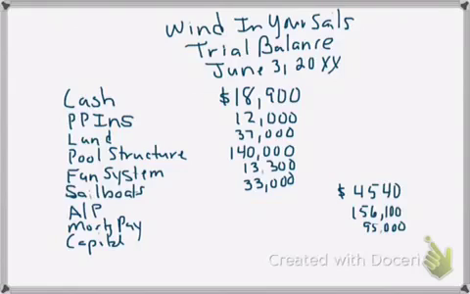I have concession income, and that is going to be at, let's see, $150. I then have sailboat rental expense, that's at 700.